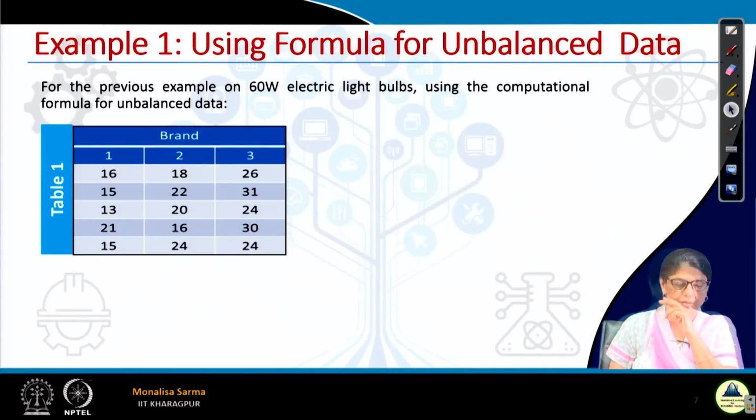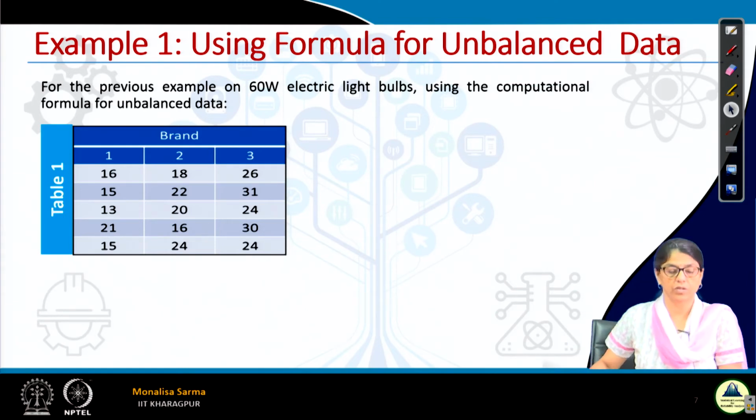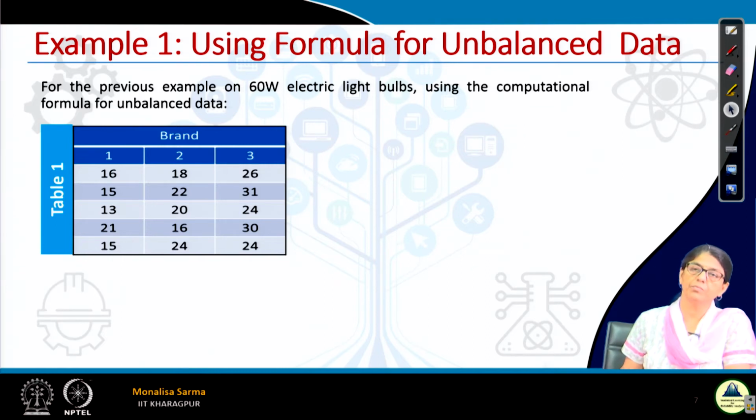So, now take an example. First we will see the same example which we saw in the last class, the 60 watt bulb, where there were 3 different brands, and we went on to prove that we have sufficient proof that the 3 brands are not the same, isn't it.